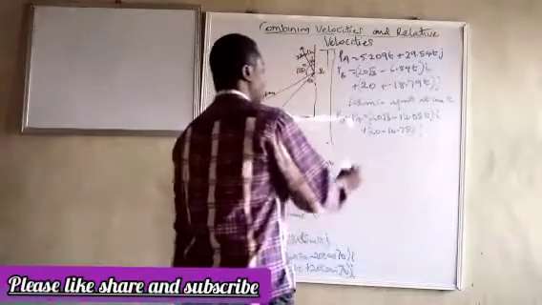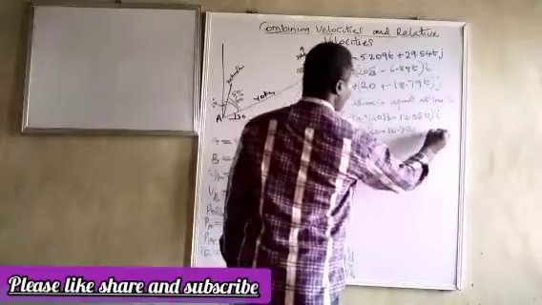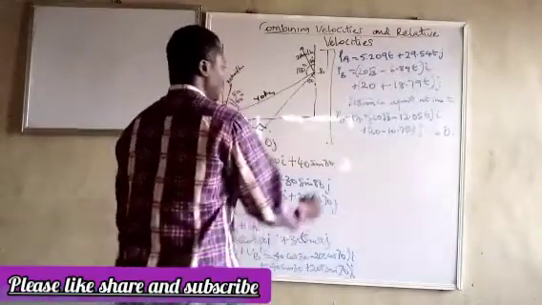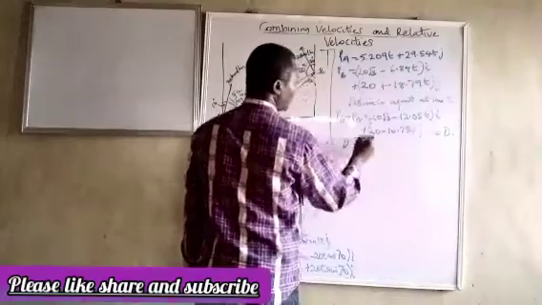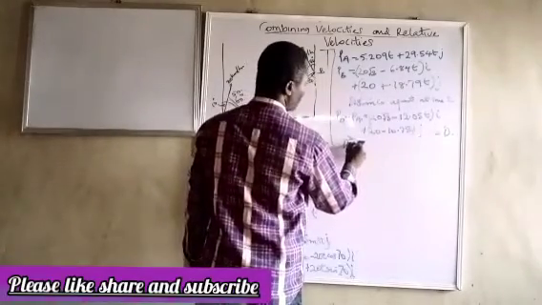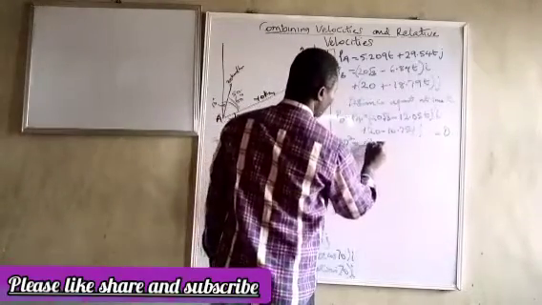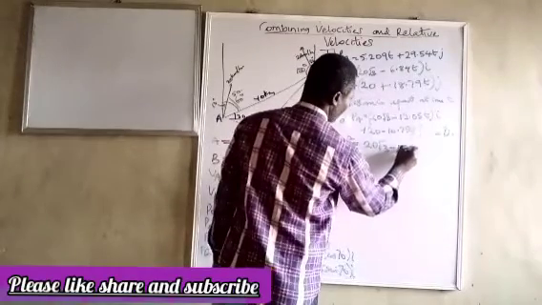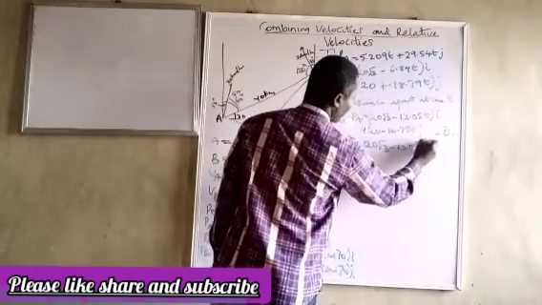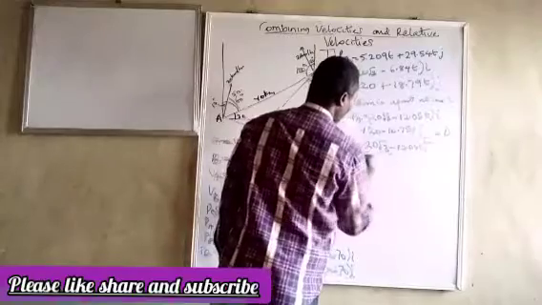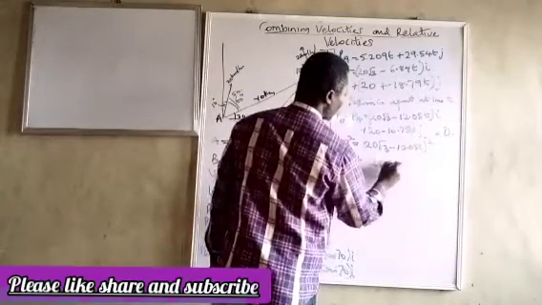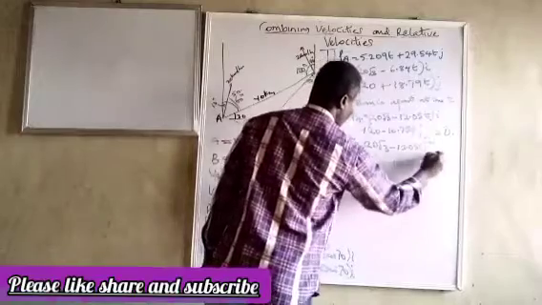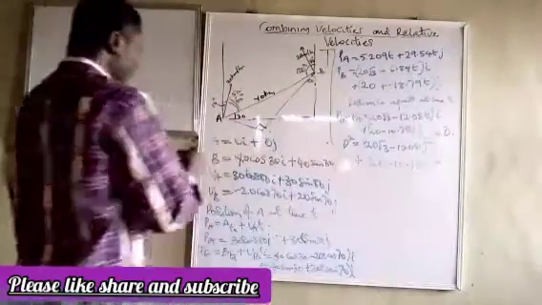Let's call this D. Now the magnitude of D squared will be equal to this one plus 20 minus 10.75t all squared. That is our D.